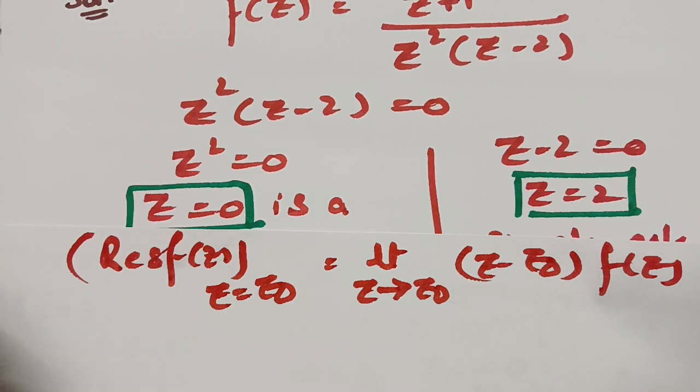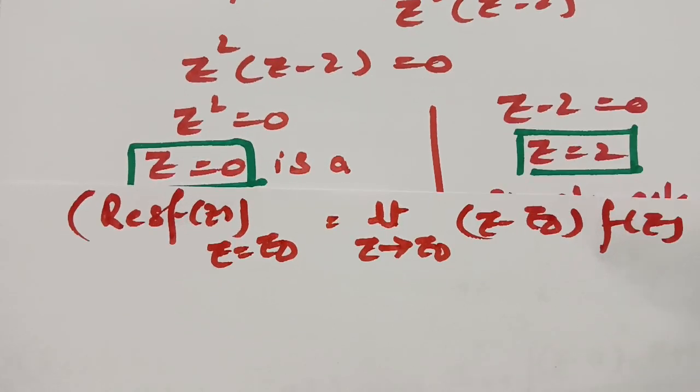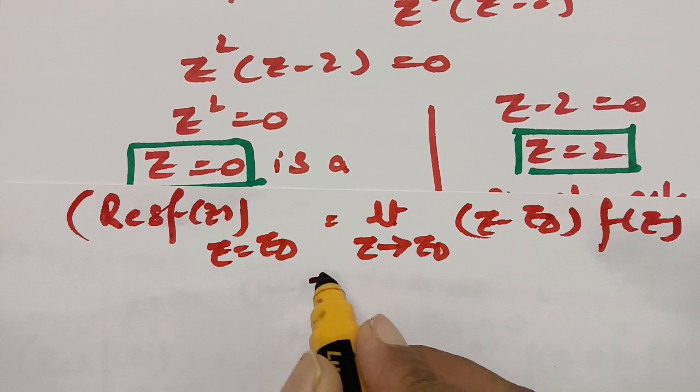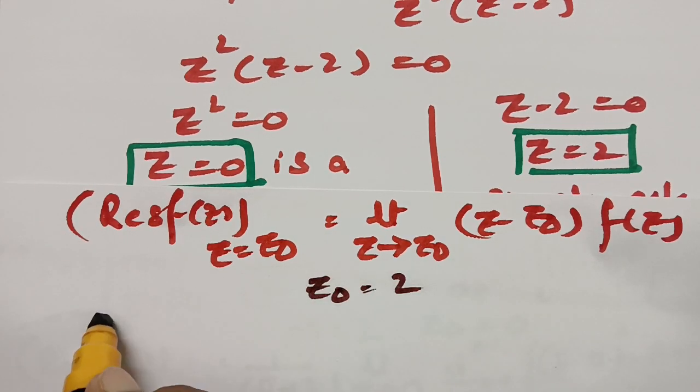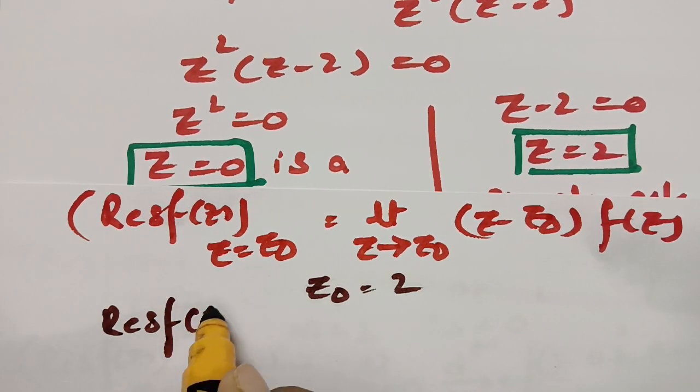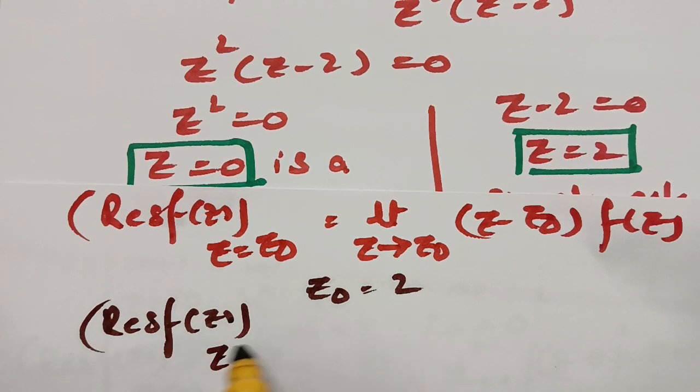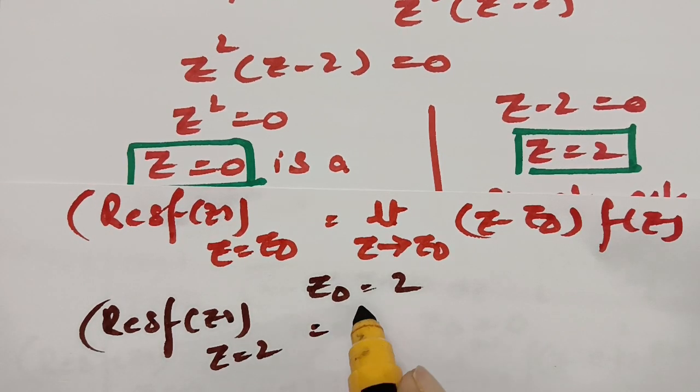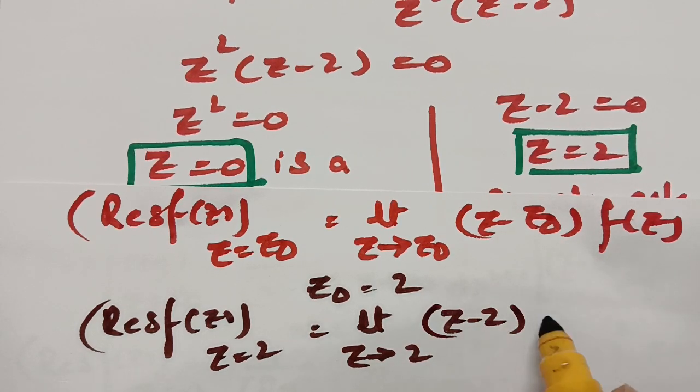So if I substitute z naught value as 2, then the residue of f of z at z is equal to 2 is the limit z tends to 2 of z minus 2 into f of z.